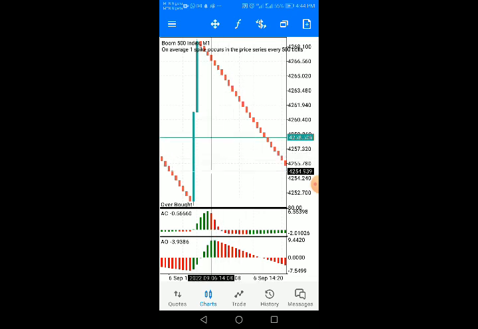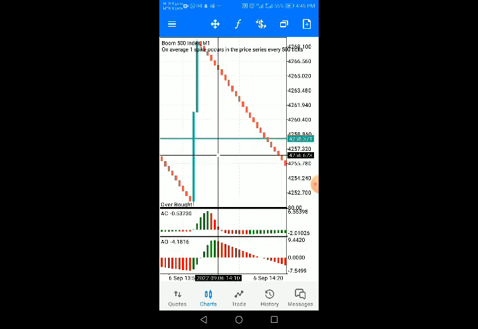So the next thing is for you to watch out for when the Awesome Oscillator, the one below, the AO, also changes to red. That is the time it just changed from green to red. How you easily know is that this is the last green bar on the Awesome Oscillator.